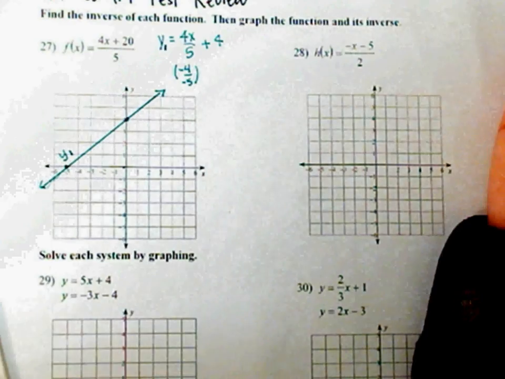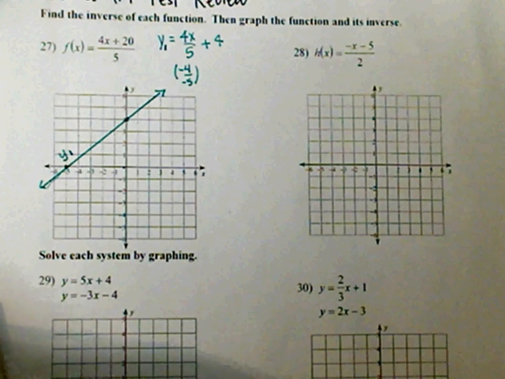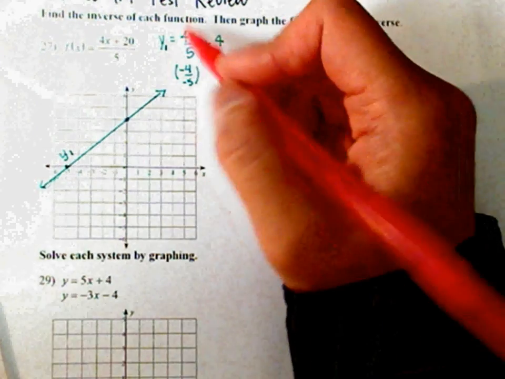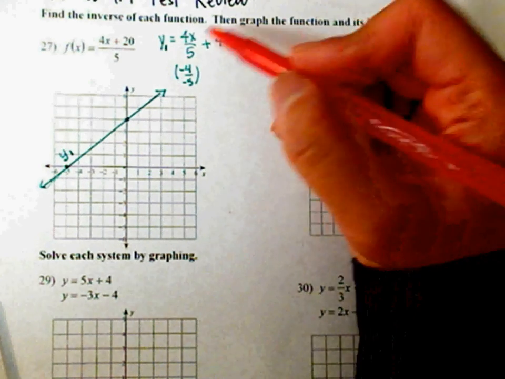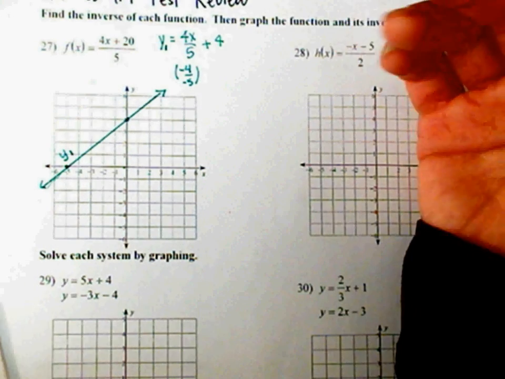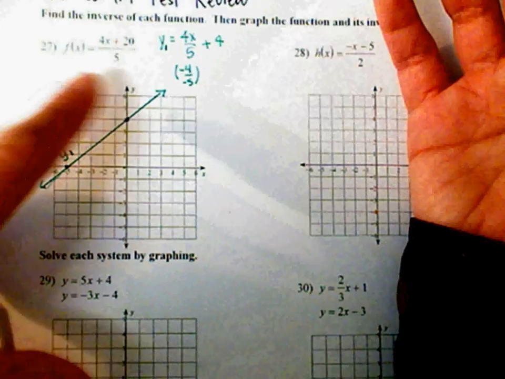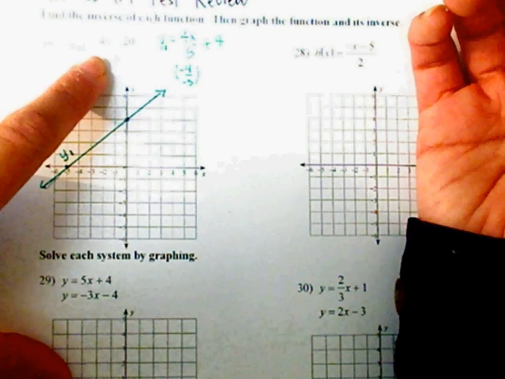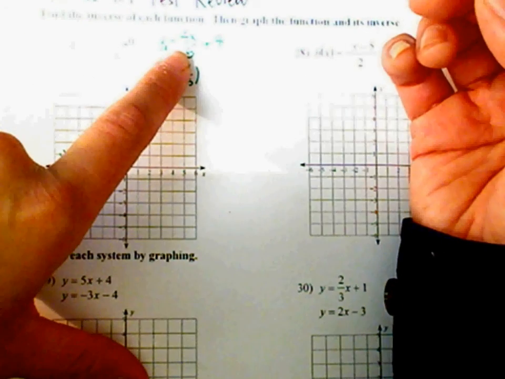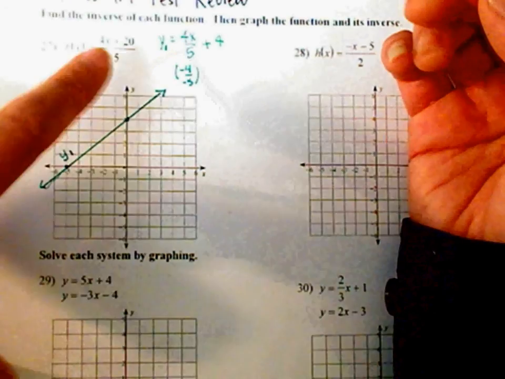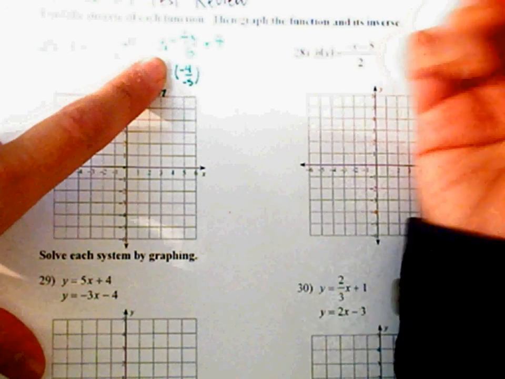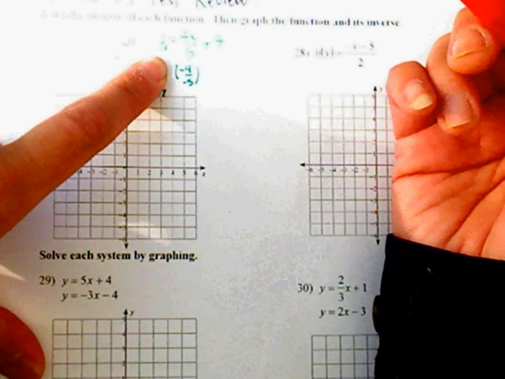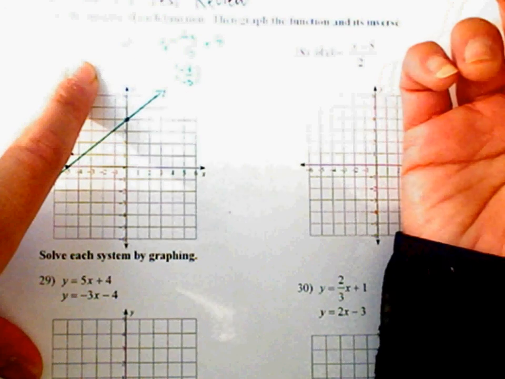Okay? Now I am going to go and find my inverse function. Remember how to find your inverse? You switch your x and your y, and then you solve for y. I'm going to go back to this original one, or you could use this one. It does not really matter. Okay? So since I have this one already formatted easily, I can use this, or you can multiply by 5 and use that.